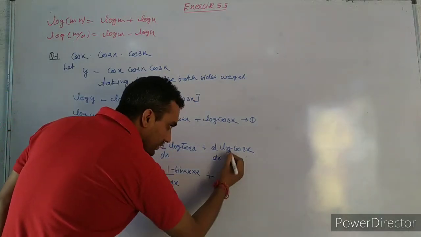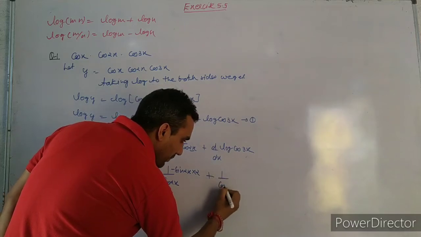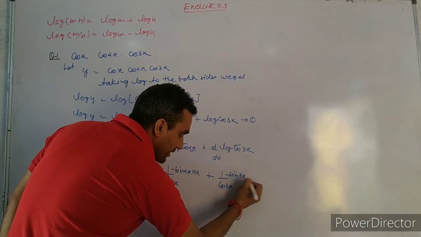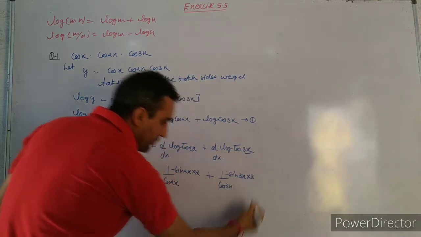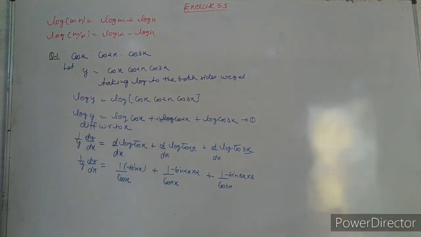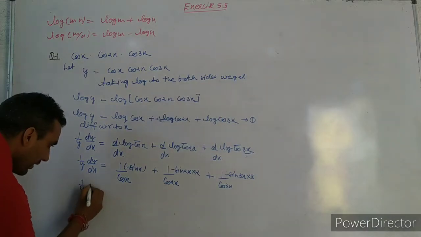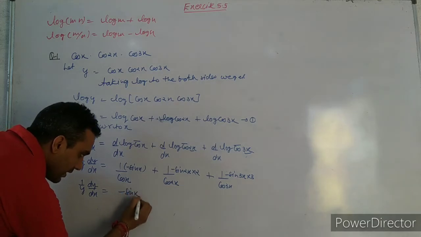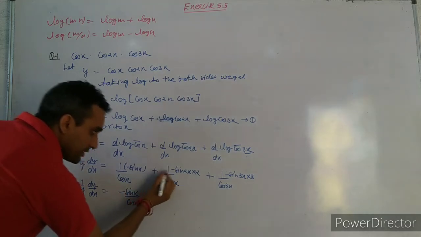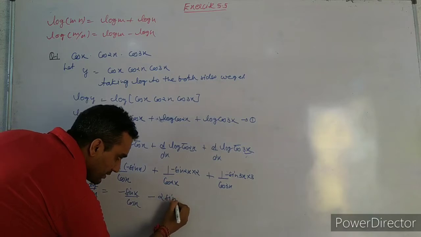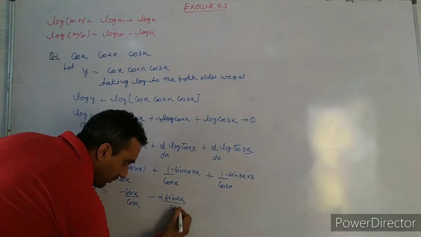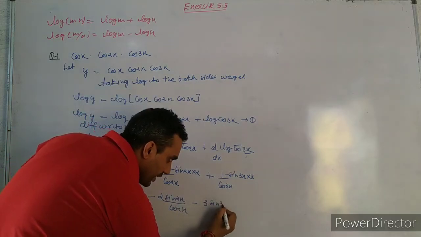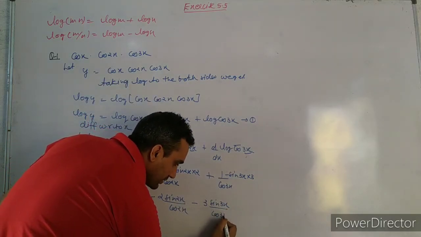Again the differential of log cos 3x is 1 upon cos 3x, the differential of cos 3x is minus sin 3x, and the differential of 3x gives 3. So I get 1 upon y dy upon dx equals minus sin x upon cos x plus minus 2 sin 2x upon cos 2x plus minus 3 sin 3x upon cos 3x.